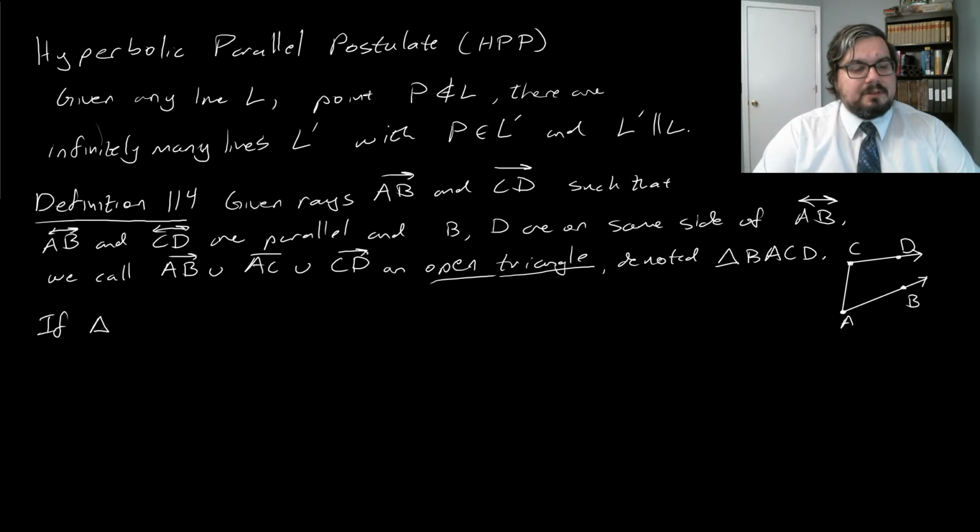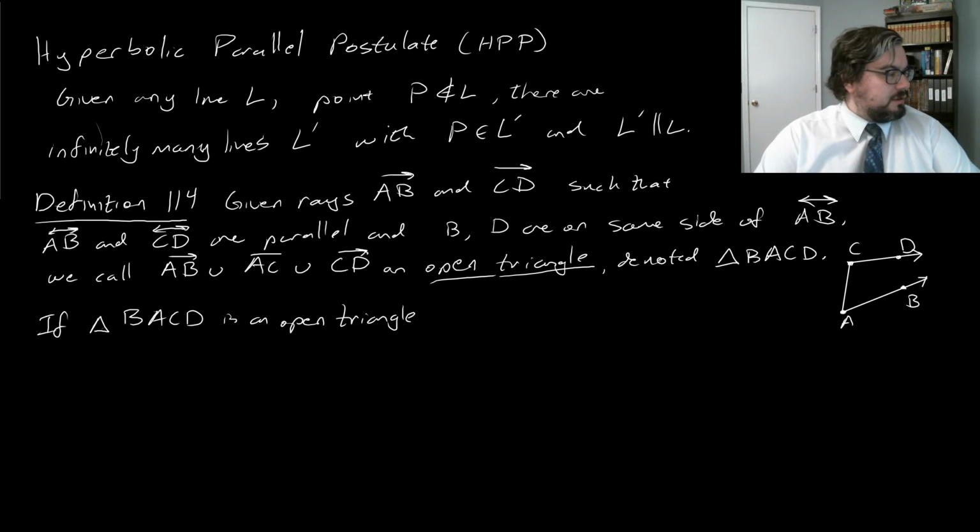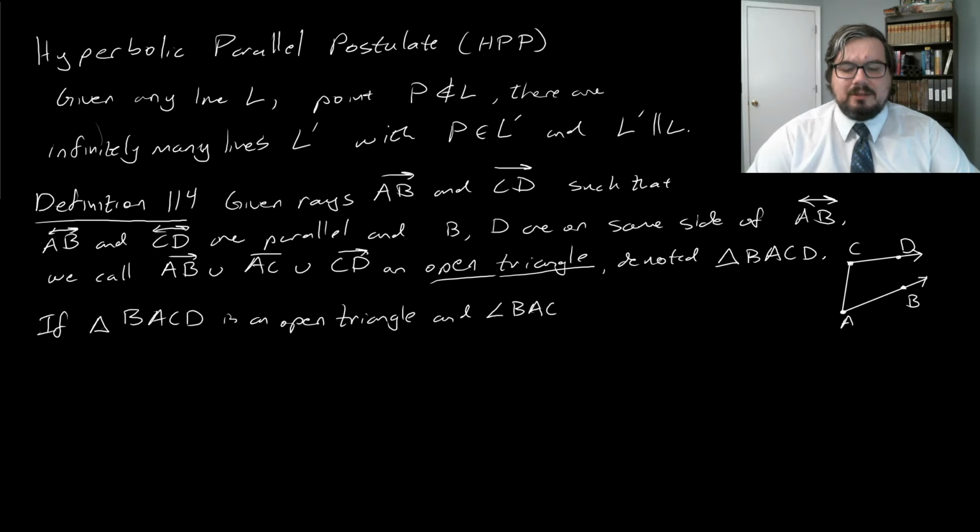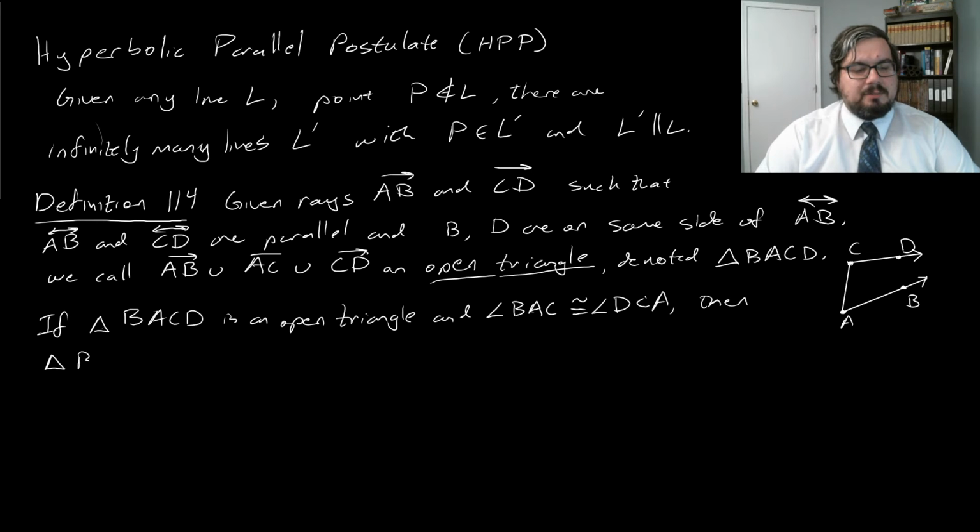If triangle BACD is an open triangle, and the two angles of it are congruent, so angle BAC is congruent to angle DCA, then the triangle BACD is called isosceles.